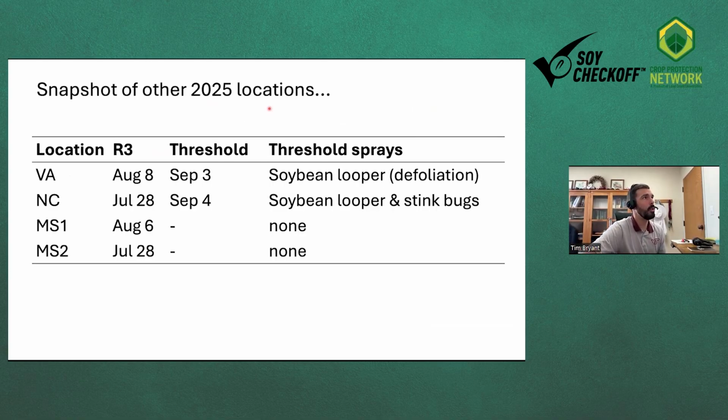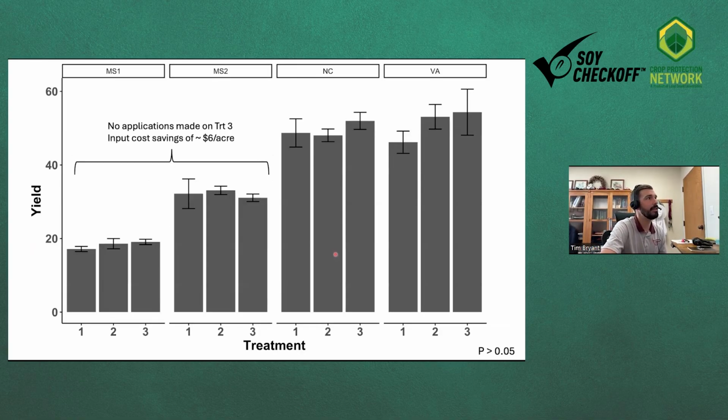So I'll just show a quick snapshot of the other locations that I have data from so far this year. The thing I want to show you here mostly is that these two locations from Mississippi did not make an application for their threshold plots. So they essentially just had two sets of untreated controls. And when you look at the yield data from those two locations, there was no difference in yields between any of these treatments: the automatic application, the threshold, and the untreated.